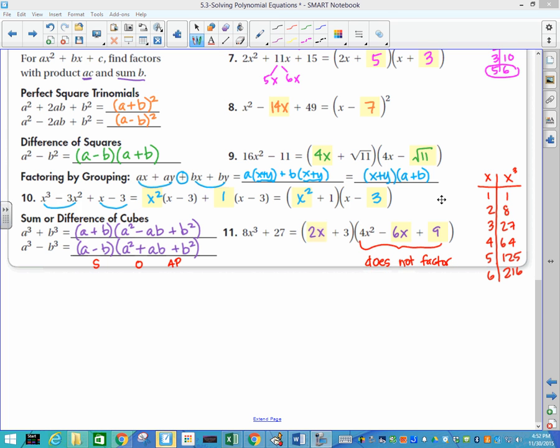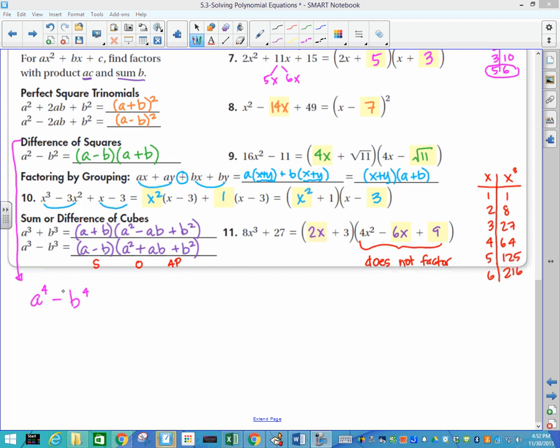Okay, another little variation that you want to be familiar with, and I'm going to go ahead and write it down here on the bottom. But this one you will see also. If you have something that, let's say it's a to the fourth minus b to the fourth, okay?